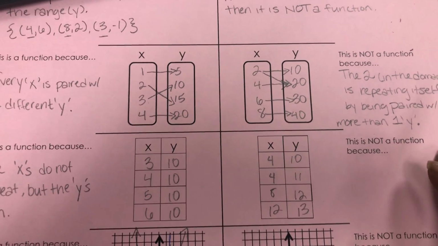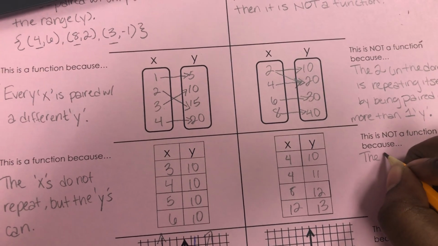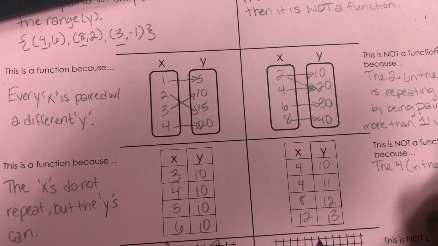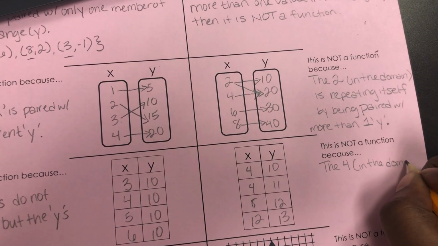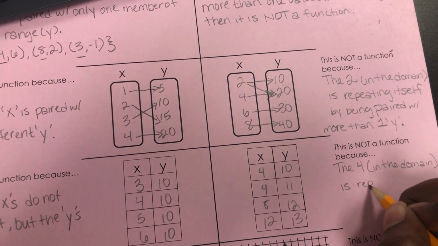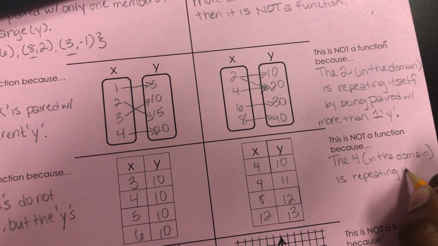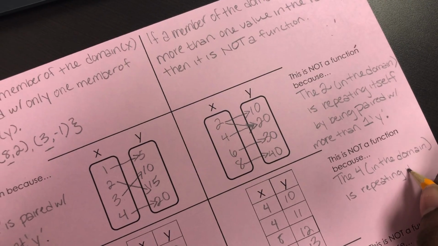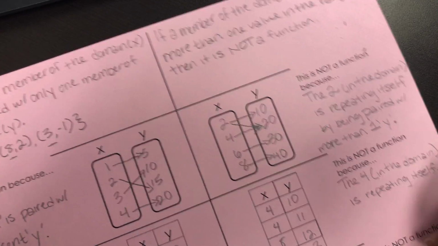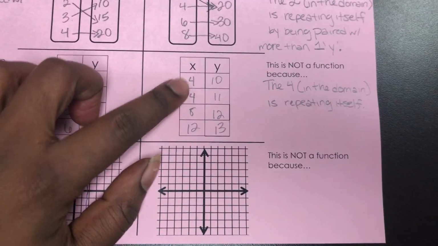So we're going to say this is not a function because the 4 in the domain is repeating itself. That can't happen.